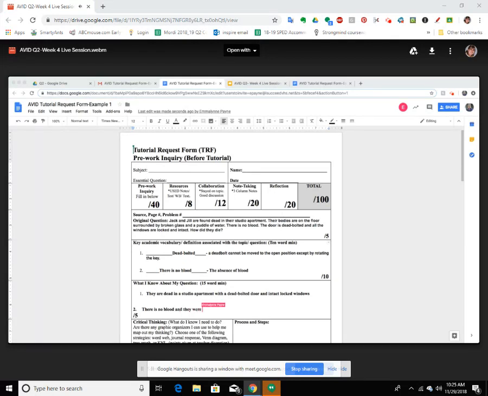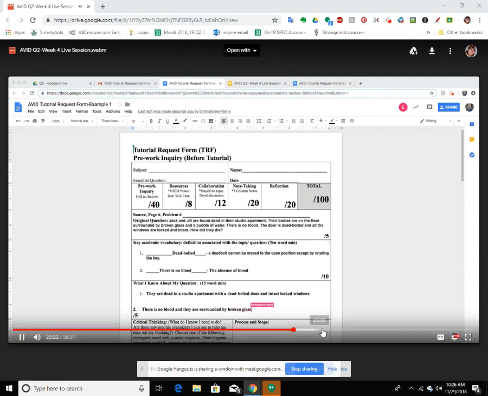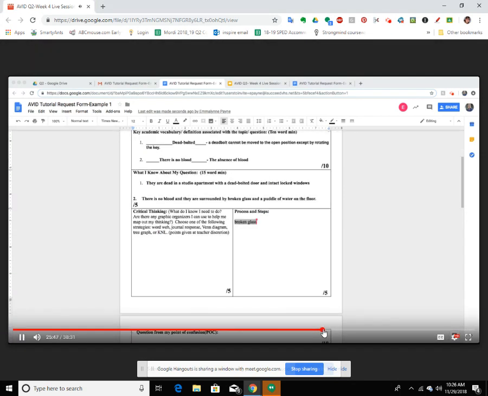Same. Okay. So they're just kind of walking through this, figuring it out. I'm going to fast forward it here so we can see their filled in form.